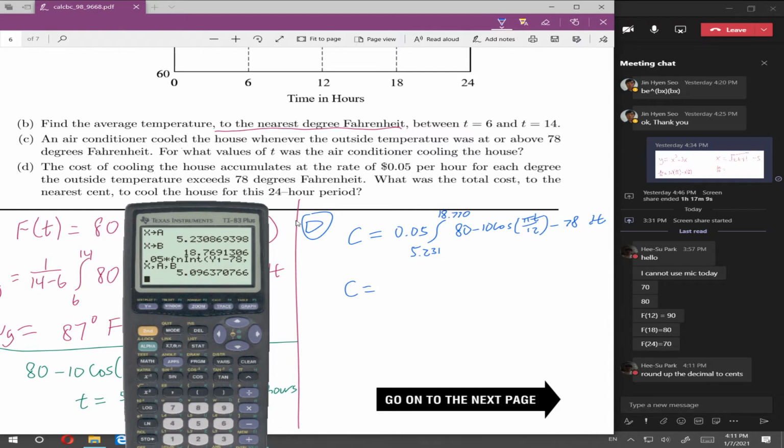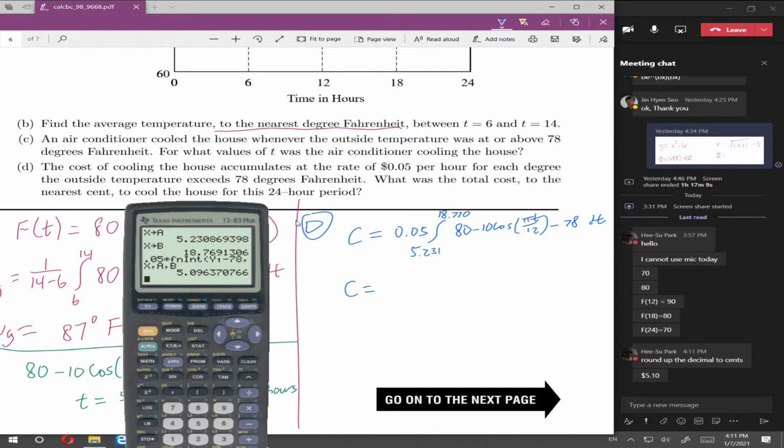Okay, round up the decimal to the nearest cent. So what should we write? $5.10. Perfect.